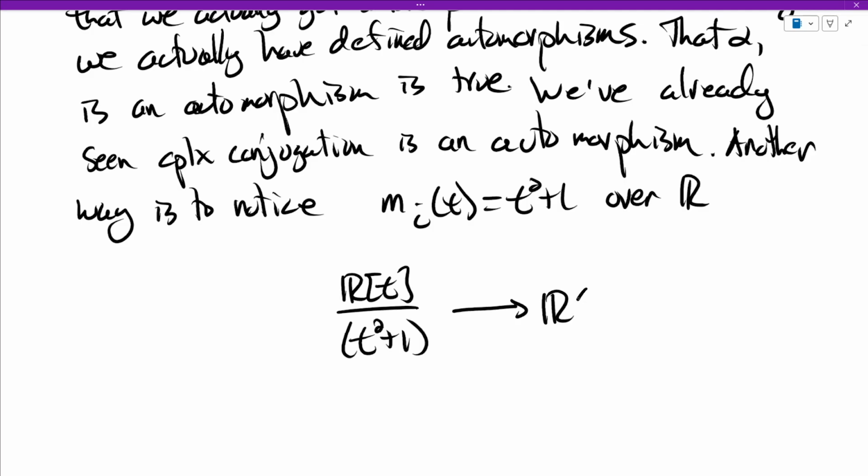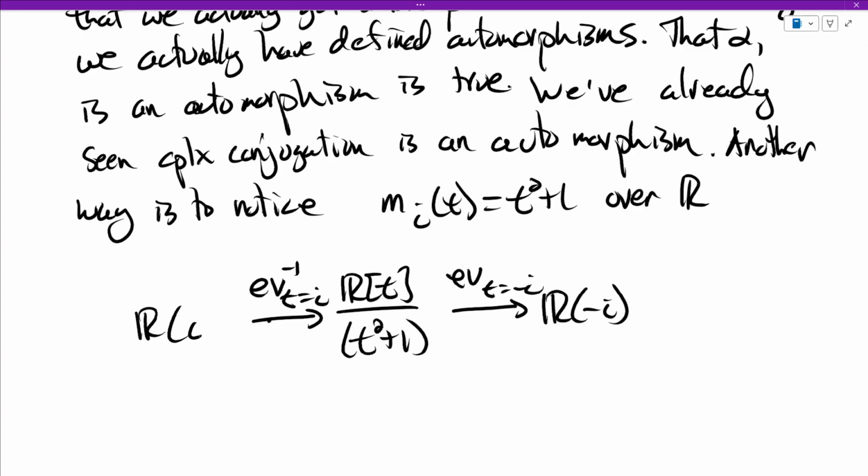We have this map that evaluates at negative i, and we also have the inverse evaluation at i map, which would take us to R adjoin i. Both sides of this are C, of course, because if you add in i, that's the same as adding in negative i.